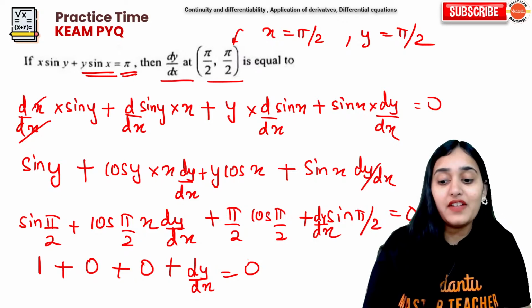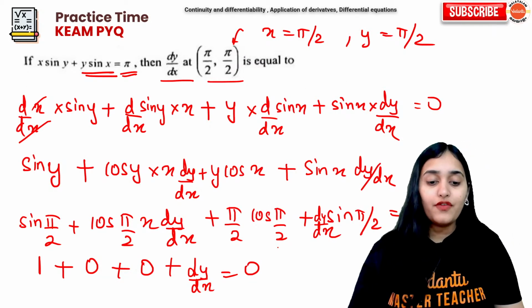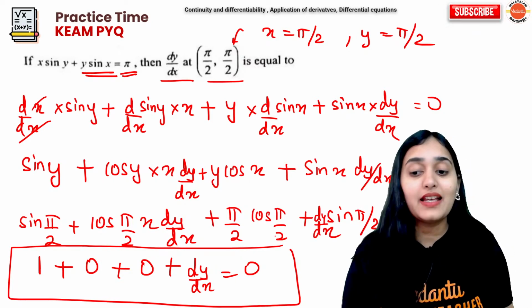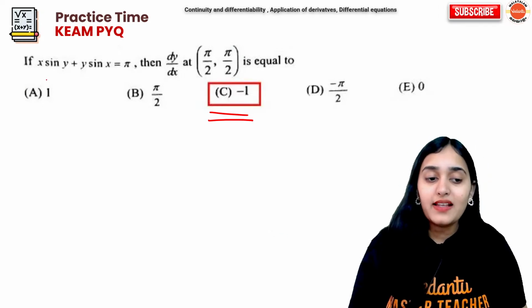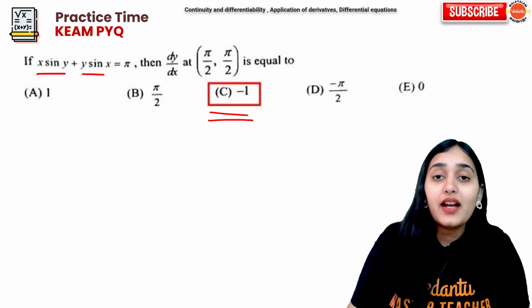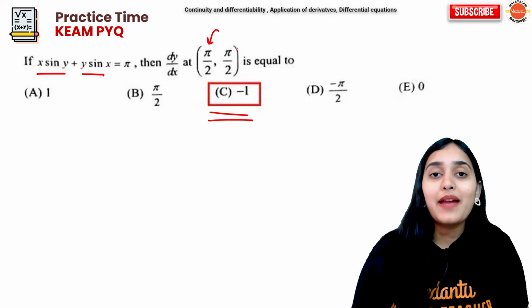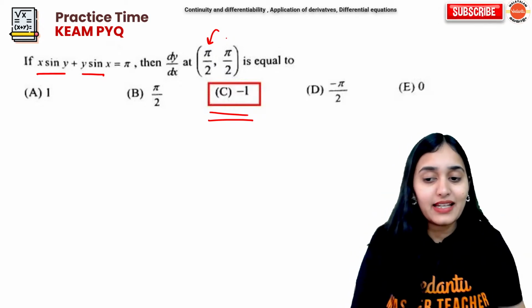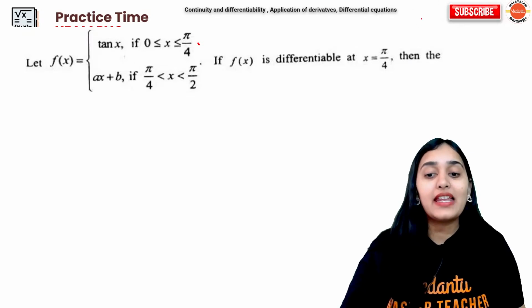So what is the value of dy by dx? Minus 1. So from this equation we get dy by dx is equal to minus 1. Clear to everybody? So first, just apply product rule, just do the differentiation, put sin pi by 2, cos pi by 2 values and you get the answer. That's it.